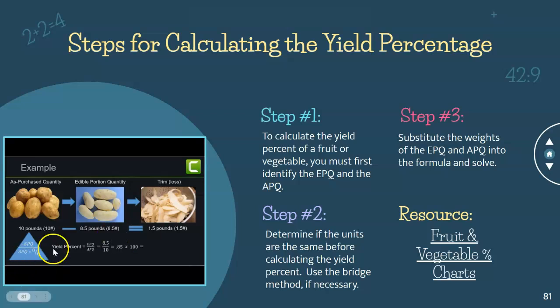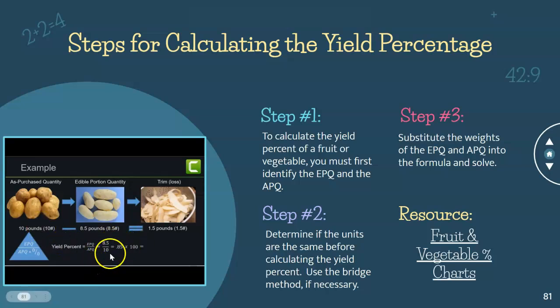So here you can see it's been done. Yield percent equals EPQ divided by APQ. The edible portion quantity in the triangle goes on the top. I have that amount, it's 8.5. I'm going to divide by the APQ, which goes on the bottom, which is 10 pounds.